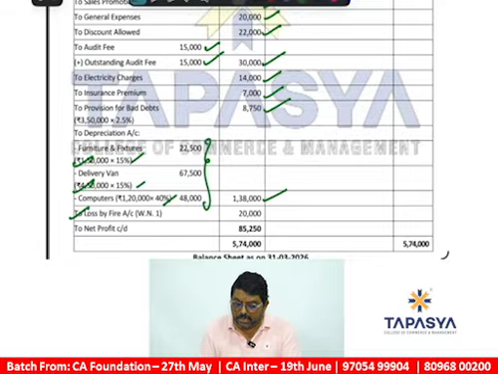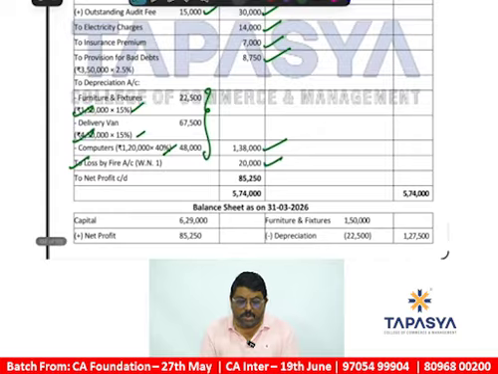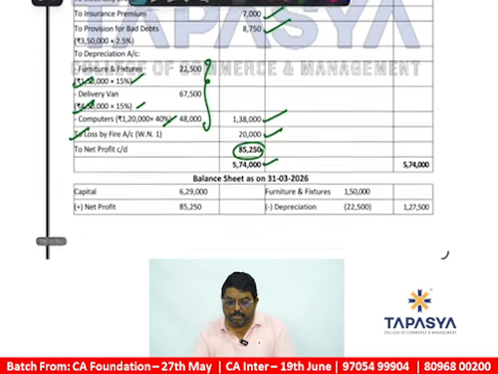Total depreciation you can write here. And the loss on fire: out of it, 20,000 you can get from the insurance company, shown as an asset. Another 20,000 which you can't get from the insurance company is charged to the P&L account. Ultimately net profit comes to 85,250, which will be added to your capital.